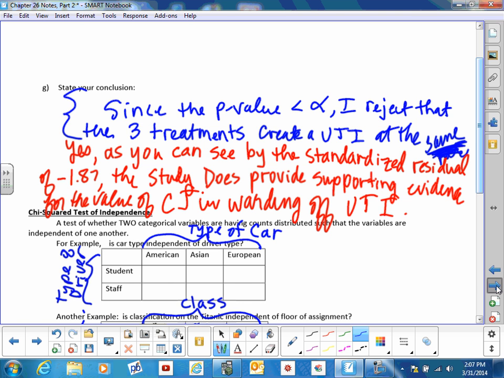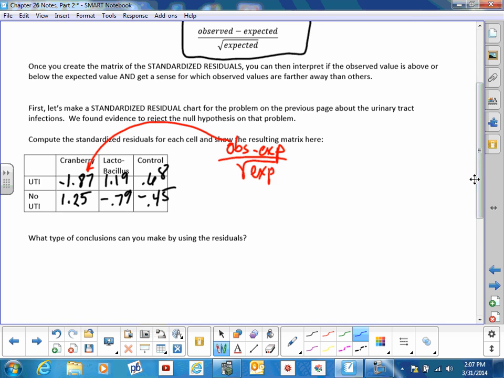And that was when we looked down here at these standardized residuals. We computed each cell individually. Now, look here at the control residuals we have.